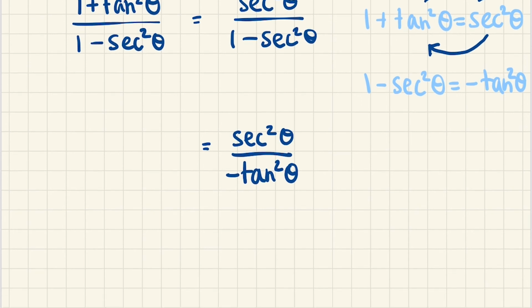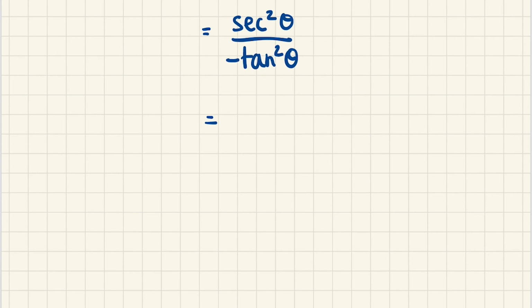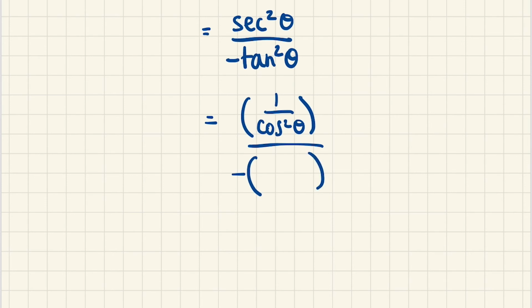Now, at this point, perhaps you might want to turn everything in terms of sine and cosine to see exactly what's going to cancel, if anything. So secant squared is 1 over cosine squared, and tangent squared is sine squared over cosine squared.